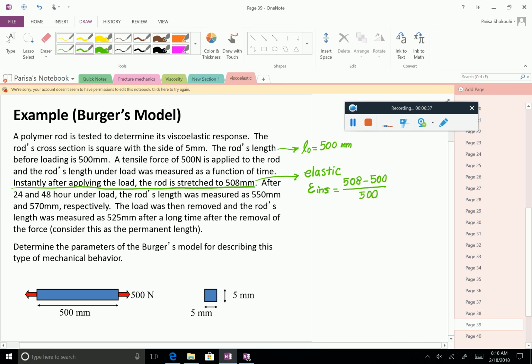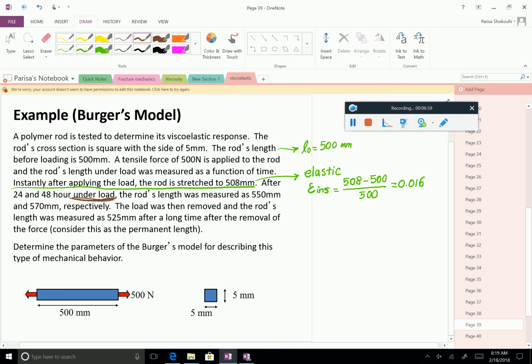So we can easily calculate that. So this is 0.016, and then we hold the load.